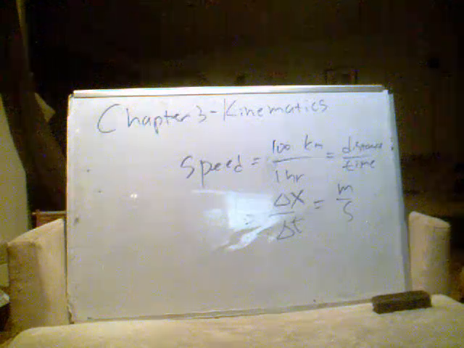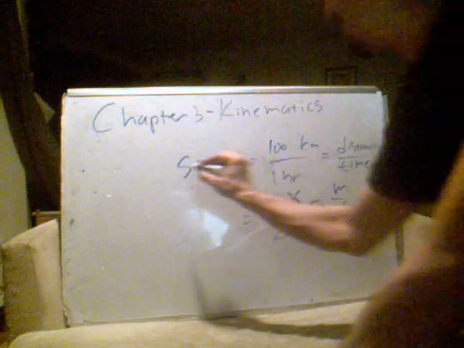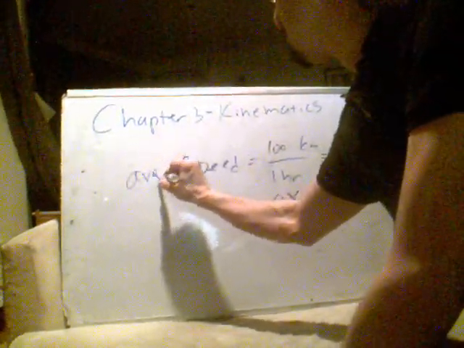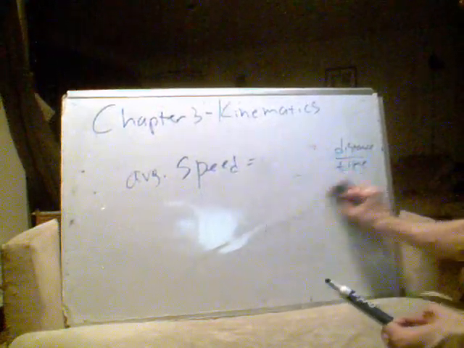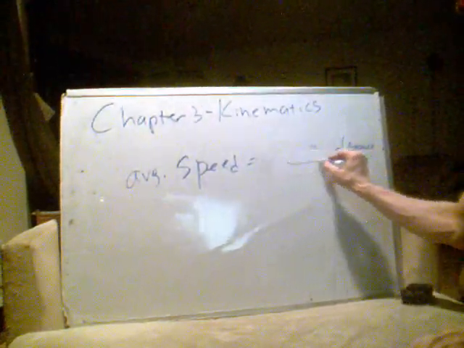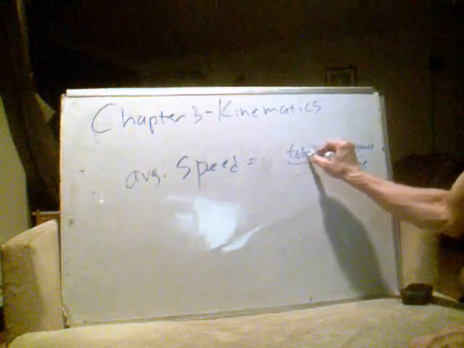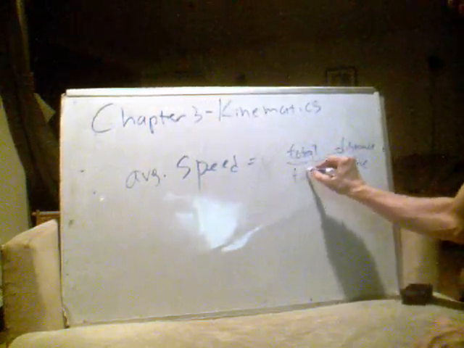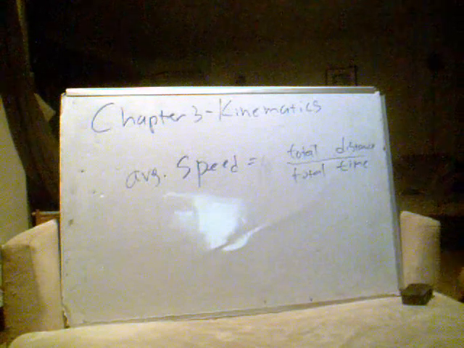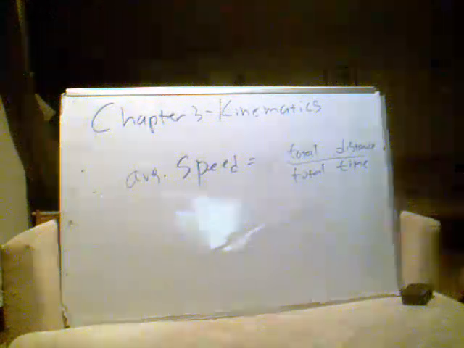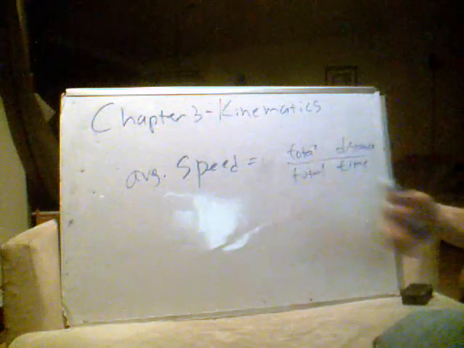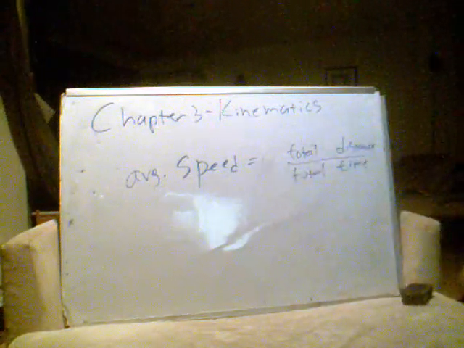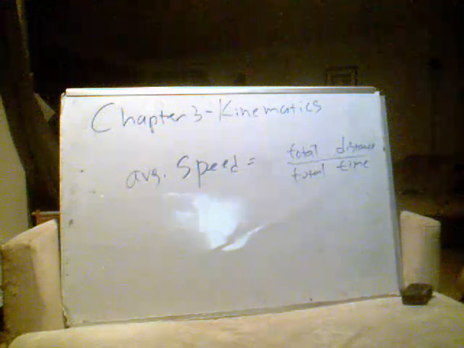Now, some vocabulary for you. The average speed is going to be the total distance traveled divided by the total time elapsed. What that means is you may speed up and slow down over the course of something. Let's say that you run the 100-meter dash, for example.